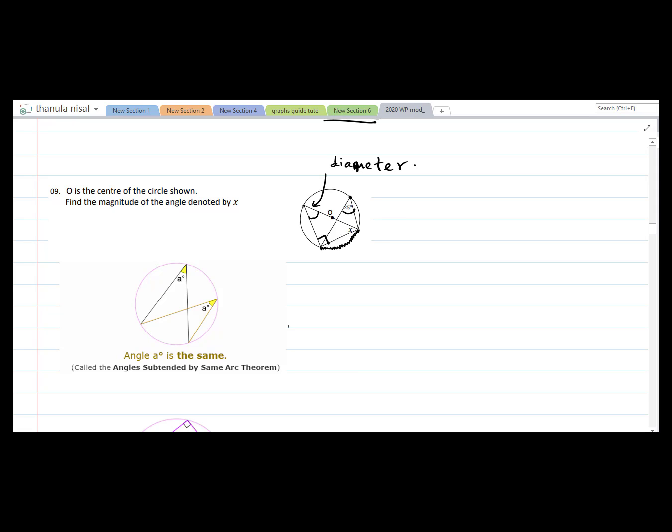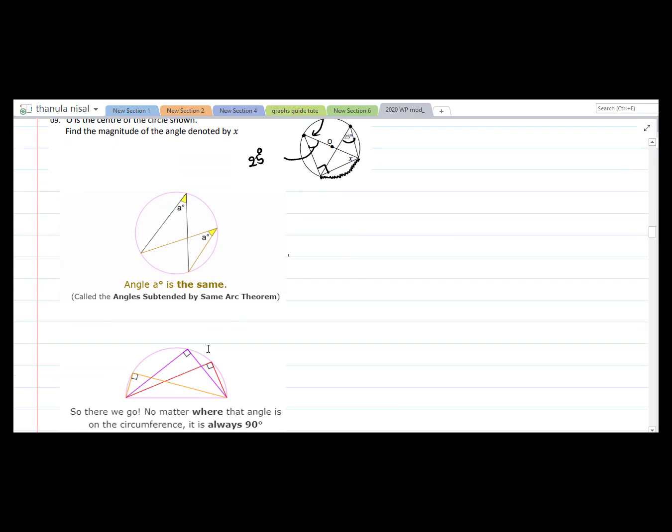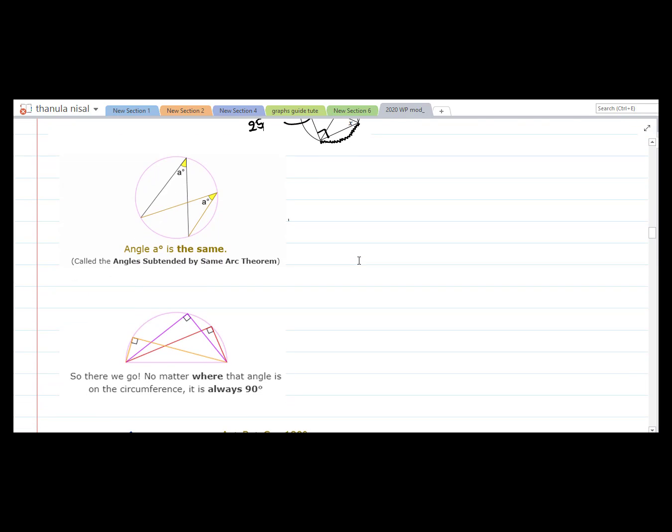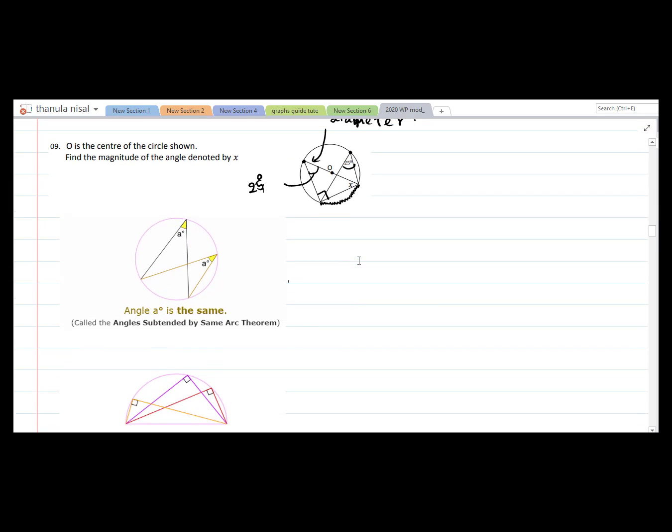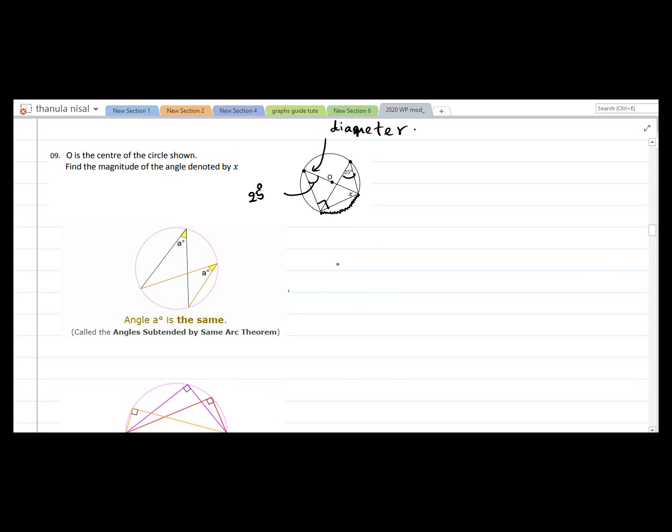This one also on the circumference, therefore this angle must be 25 degrees. Okay, now I have just shown you the theorems based on this question. Okay, then what we can do?